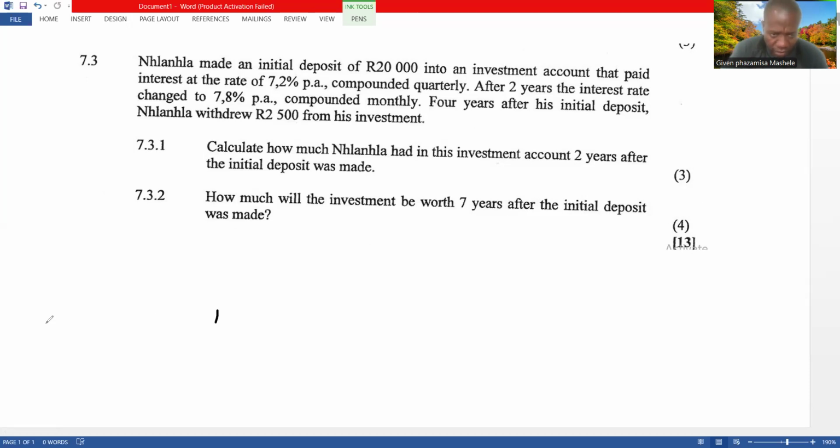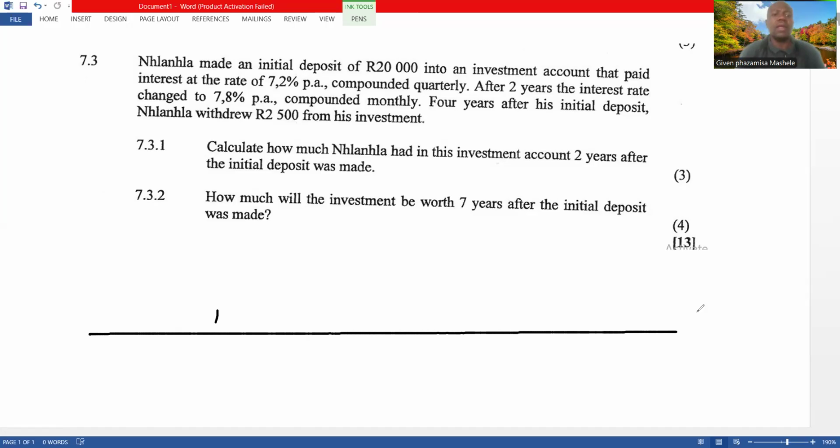So this is our timeline. Let's say this is the start of the investment, time 0.